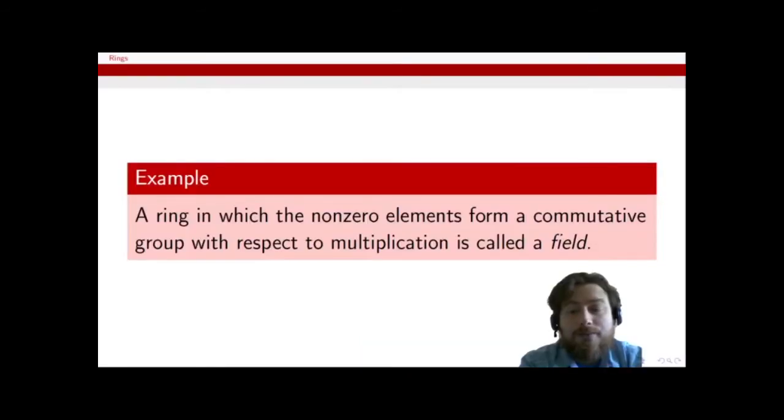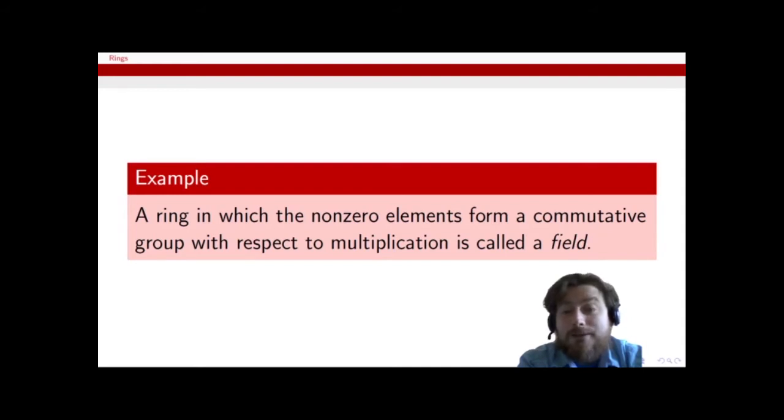So if we go a step further with this, we can say that a ring in which the non-zero elements form a commutative group with respect to multiplication is a field. Notice that if they form a commutative group, well then it's a commutative ring. Since it's a group, it has an identity, so the non-zero elements have an identity for the multiplication. So therefore, this would be a commutative ring with unity.